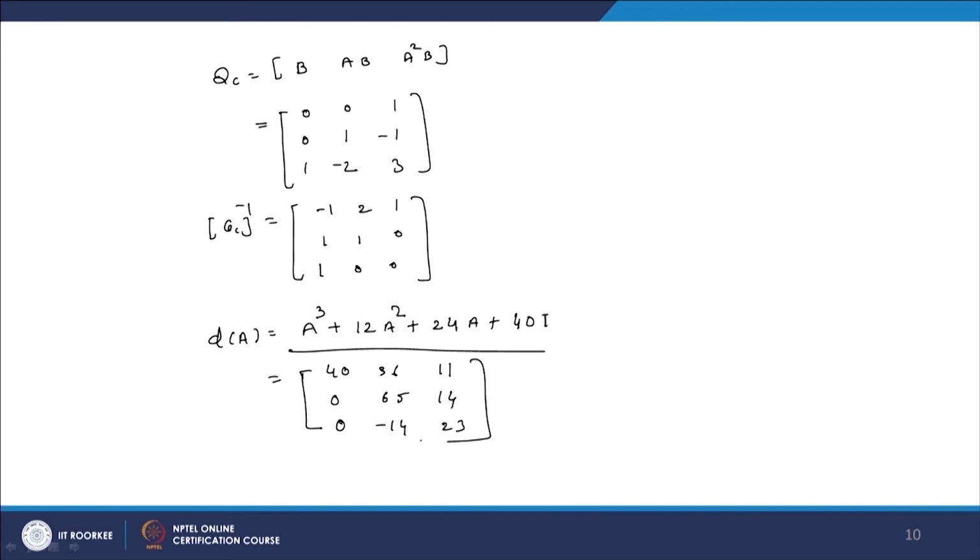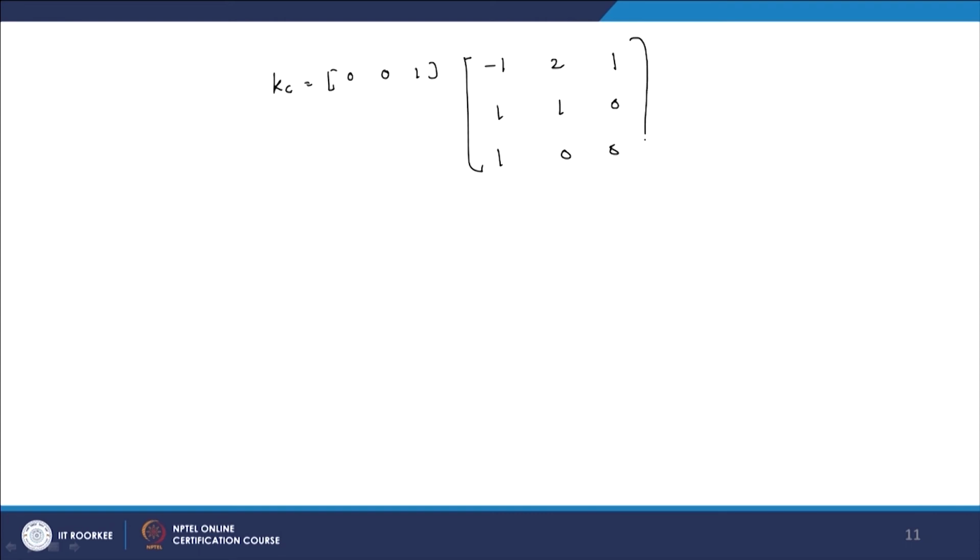So this phi of A we determined, Qc inverse we determined, and now we can write down the formula as Kc equal to 0 0 1, then here we get minus 1 2 1 1 1 0 1 0 0.